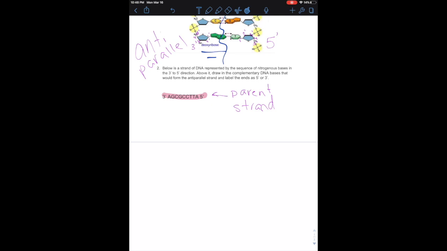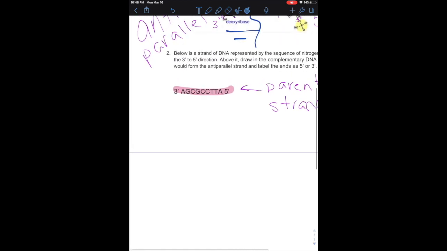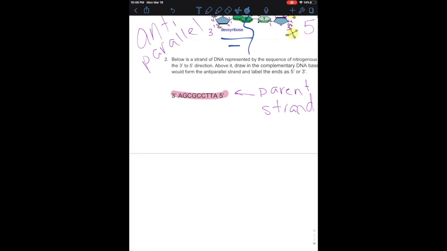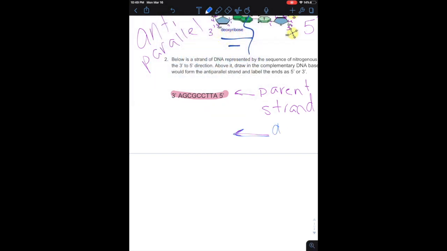It tells you to draw it above. I'm just going to put it down below because I have more space. But this is our original parent strand DNA. And our daughter strand, I'll do it in a different color. Daughter strand is the copy that we're making.